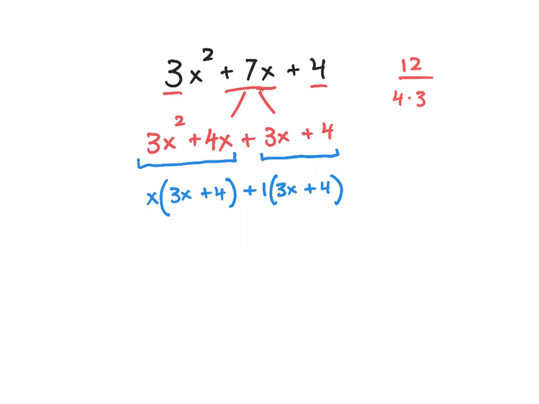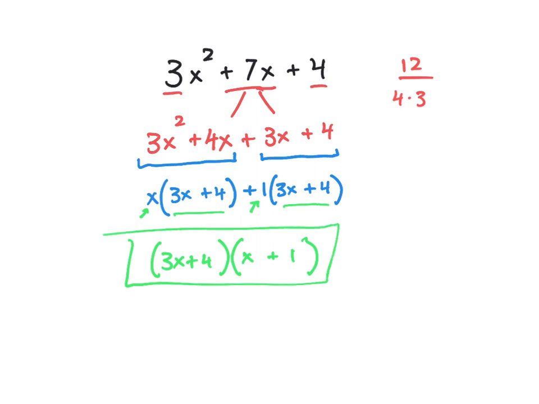And now I do my meta factoring. 3x plus 4 and 3x plus 4, I can take out, and I get 3x plus 4 as my first factor, and x plus 1. Which is the answer I had from the previous page, just with the order of the terms flipped around.